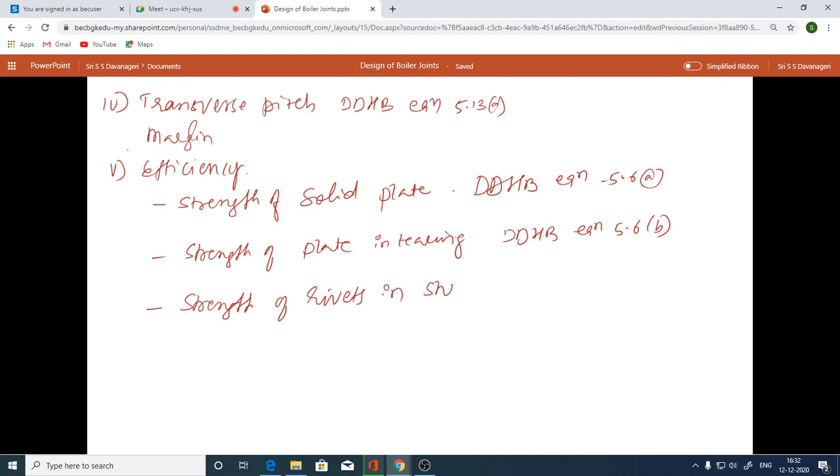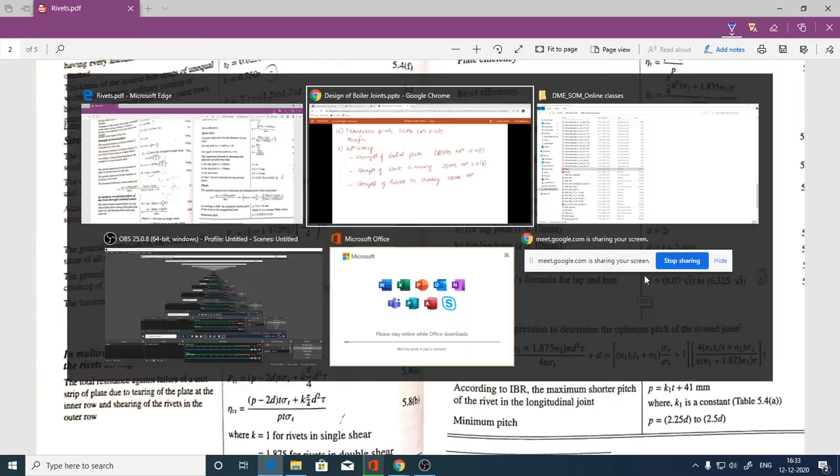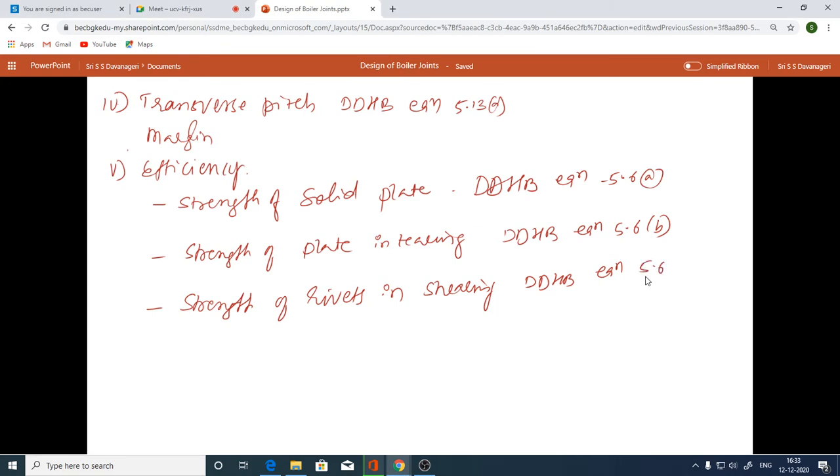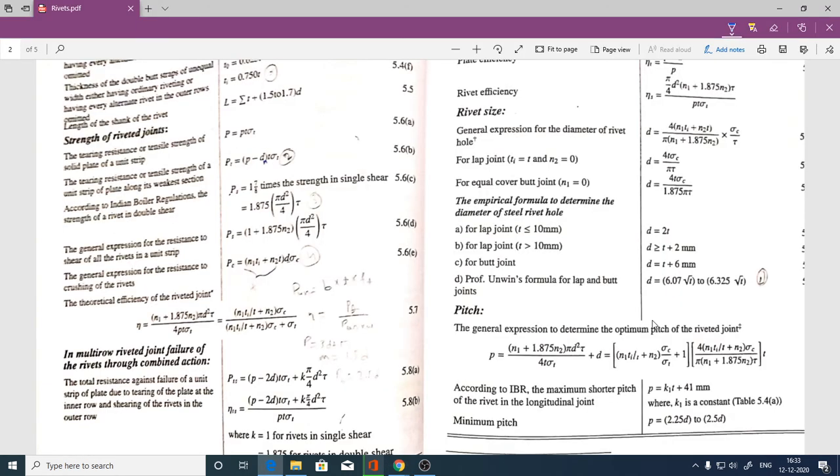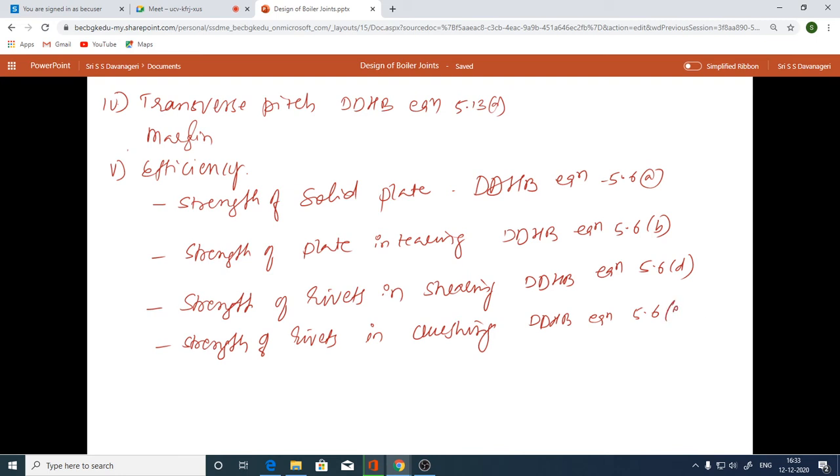Next, strength of rivets in shearing, equation number 5.6d. Now strength of rivet in crushing, equation number 5.6e.